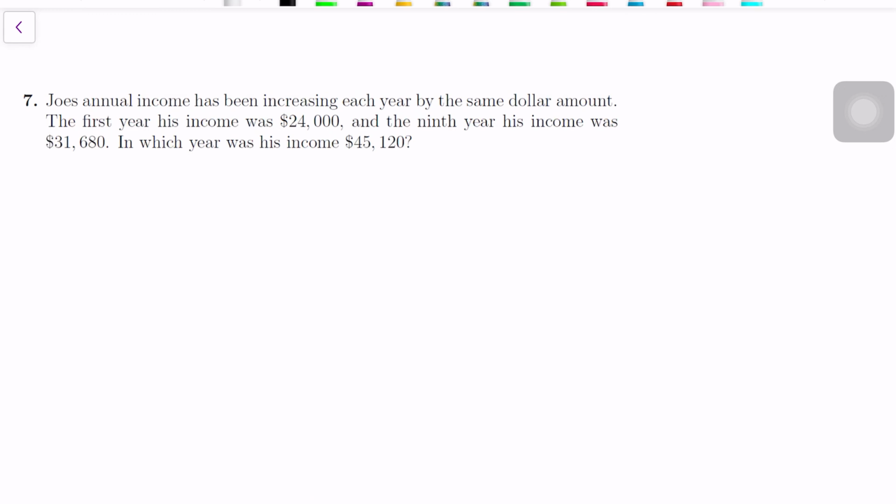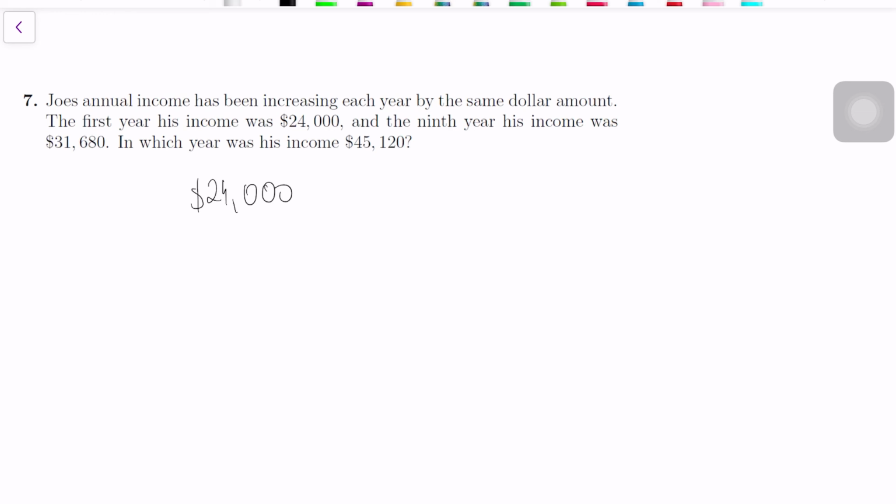So the next question, 7, is: Joe's annual income has been increasing each year by the same dollar amount. The first year his income was $24,000 and the 9th year his income was $31,680. In which year was his income $45,120? We know we're dealing with an arithmetic sequence because each year his income is increased by the same amount.